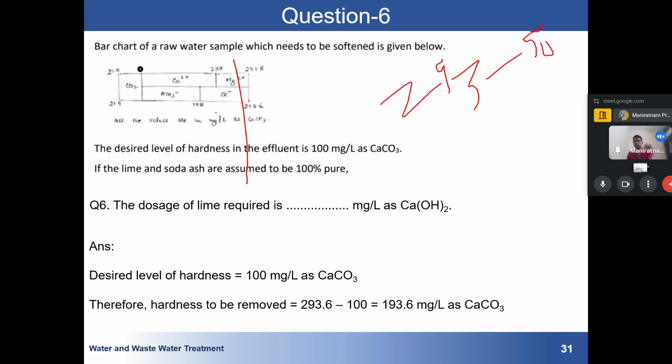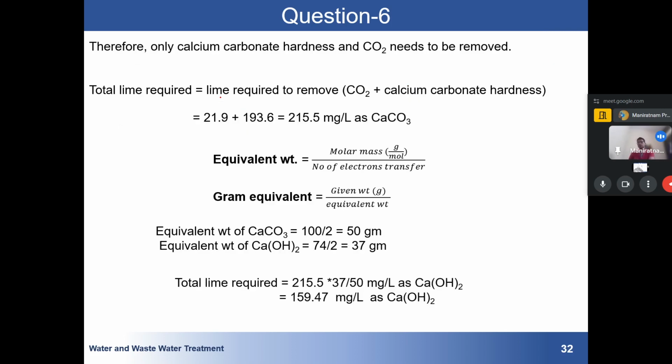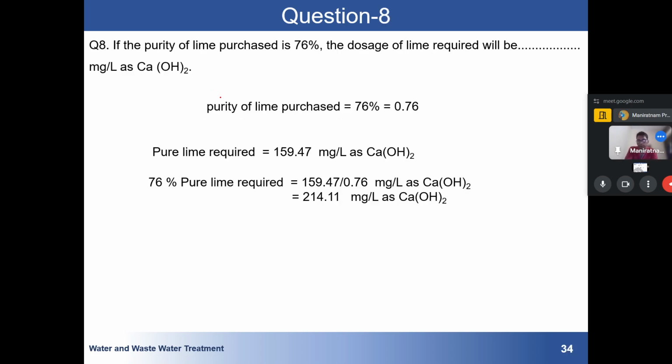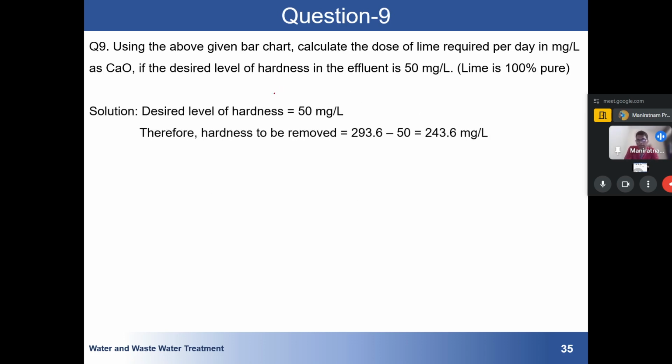So I have to remove this much hardness, both carbonate and non-carbonate kinds. This is a very easy question, but a very interesting question to understand the concept of hardness. The desired level of hardness is 50 milligram per liter. Therefore, the hardness to remove is 243 milligram per liter.